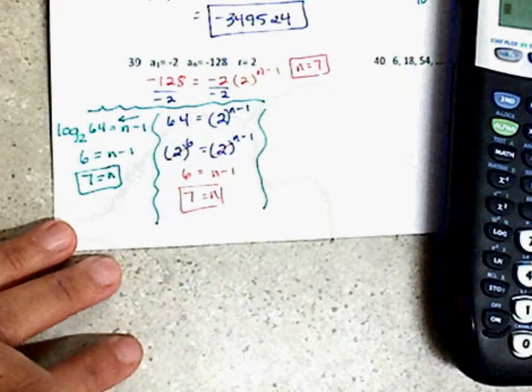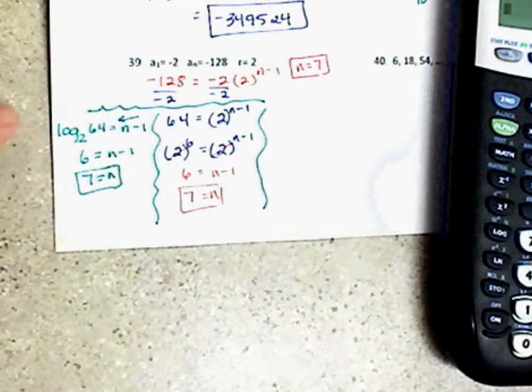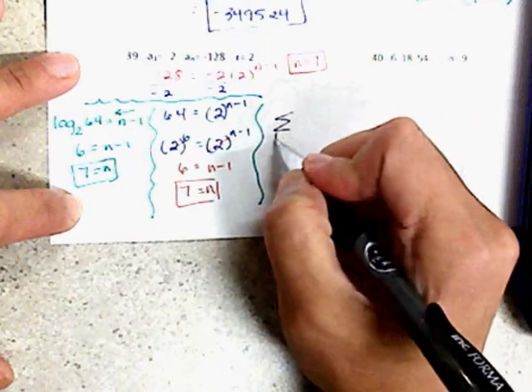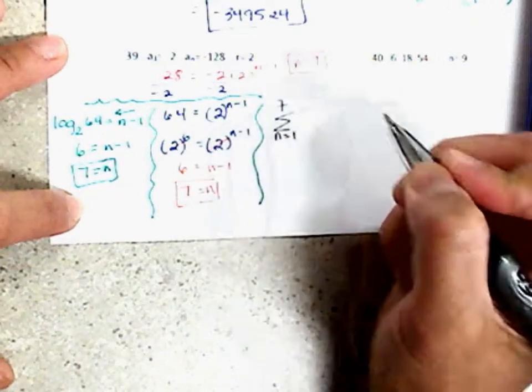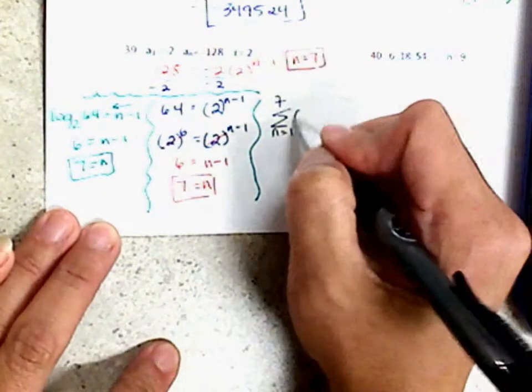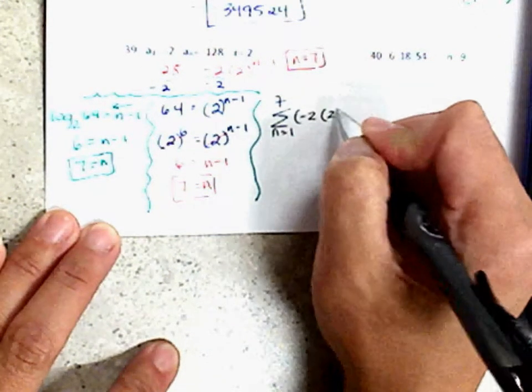All right, I'm actually going to do sigma with this one. Sigma, n equals 1, going to the 7th, okay? First term is negative 2, ratio of 2, n minus 1. There you go.